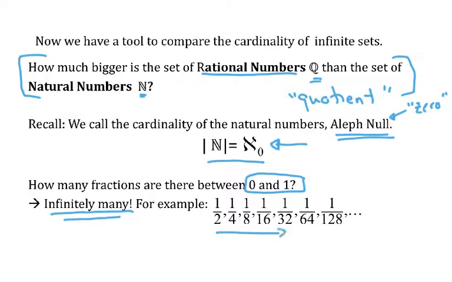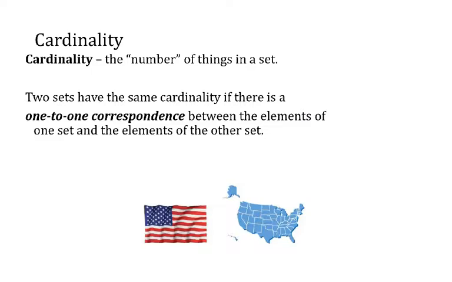This list goes on forever, but never reaches 0. So we already have a feel for the rational numbers, that there are so many more rational numbers than there are natural numbers. But before we get there, let's make sure we understand cardinality.